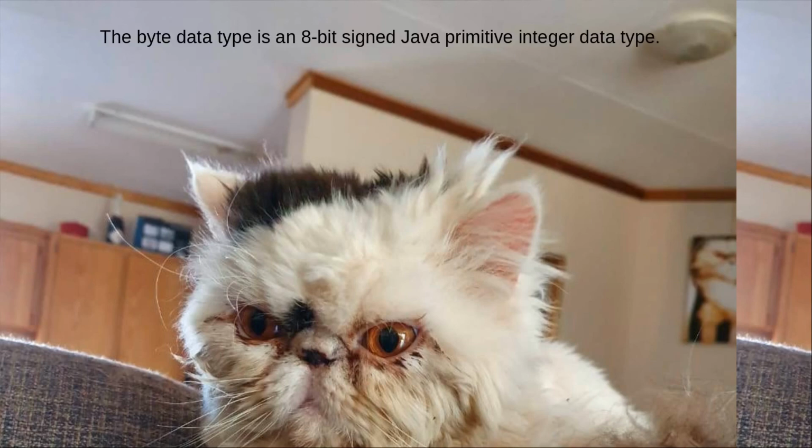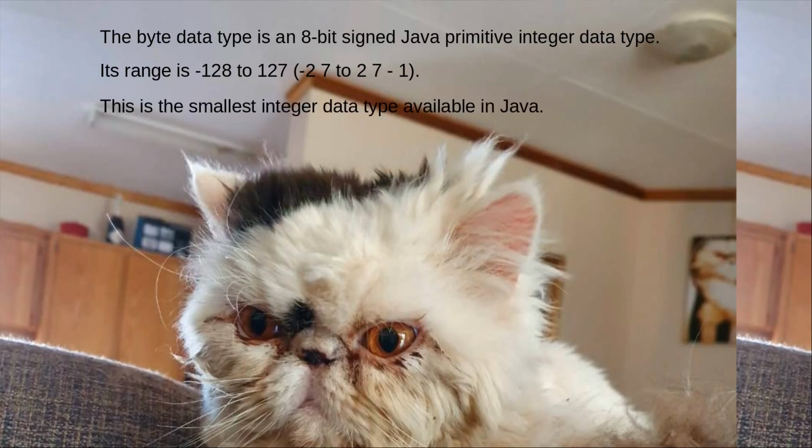Okay guys, let's recap on what we've done today. We looked at the byte data type, and we saw that it's an 8-bit signed Java primitive integer data type. We saw that it can store values between negative 128 and positive 127.